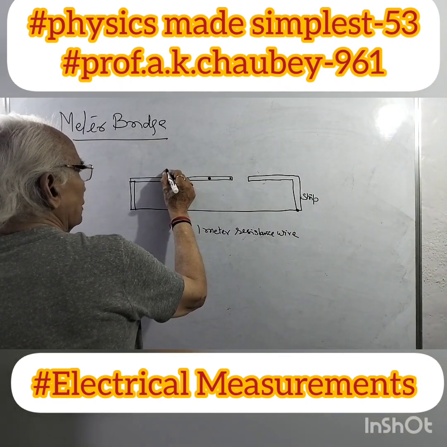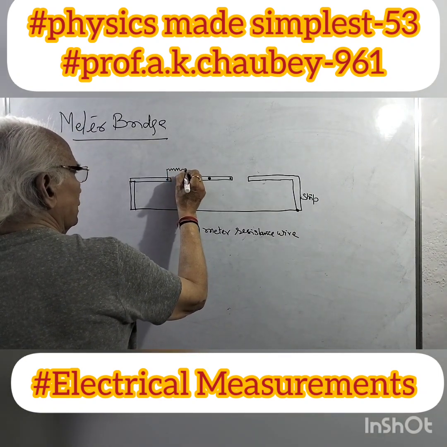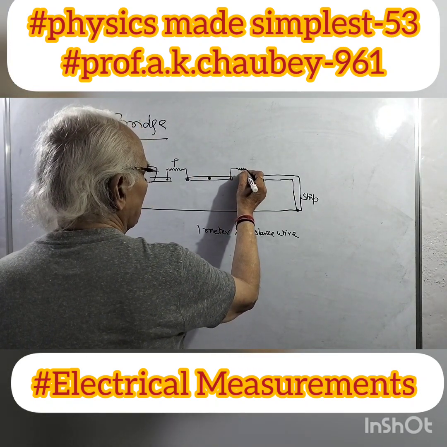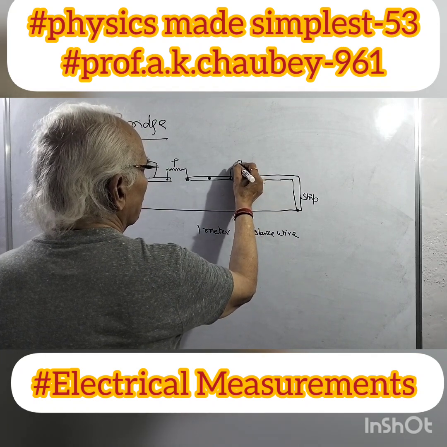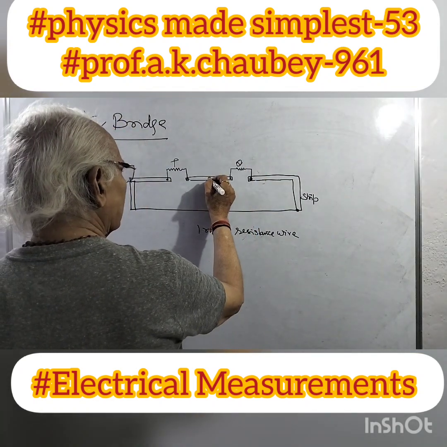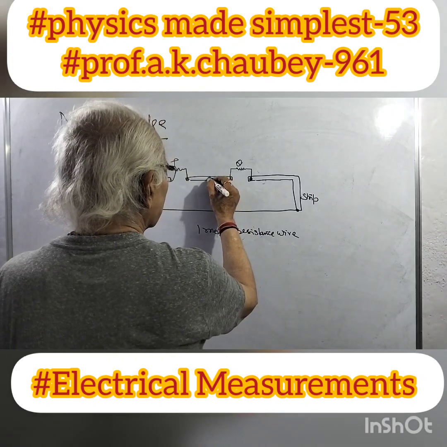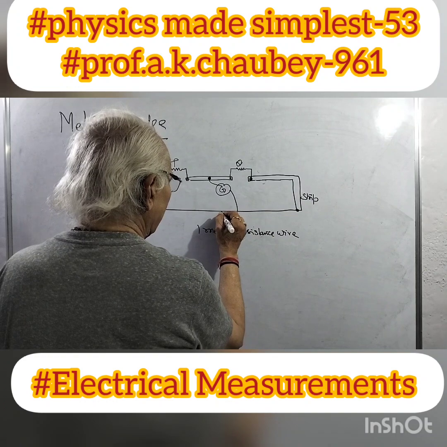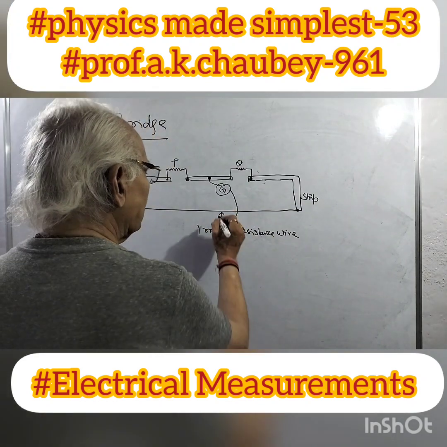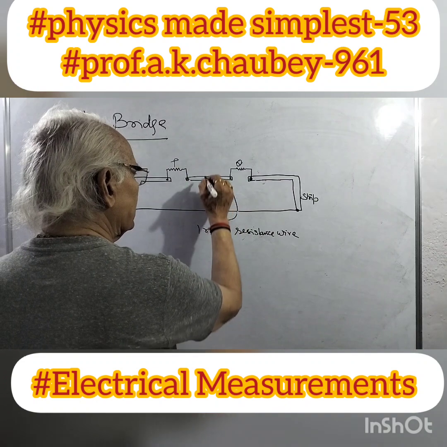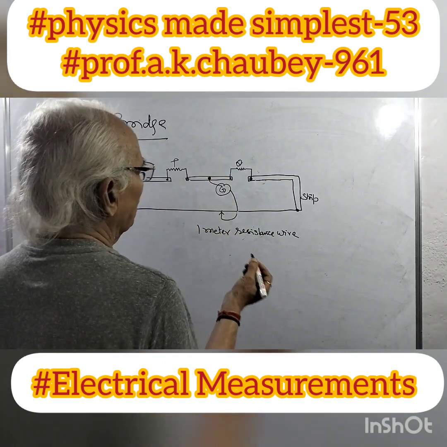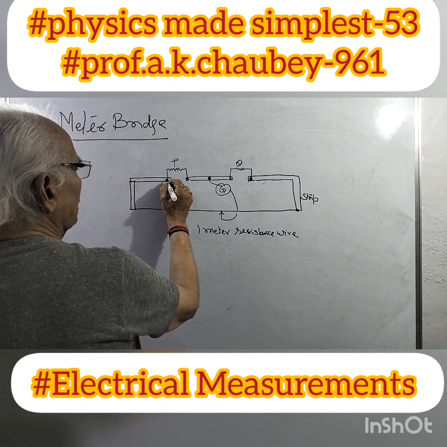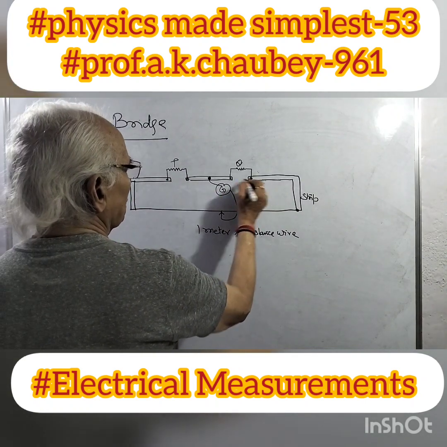And here we connect a resistance box, say this resistance P. Here we connect another resistance box, this resistance is Q. And here we connect a galvanometer through a variable key. We connect the battery somewhere here, because this is an arm.